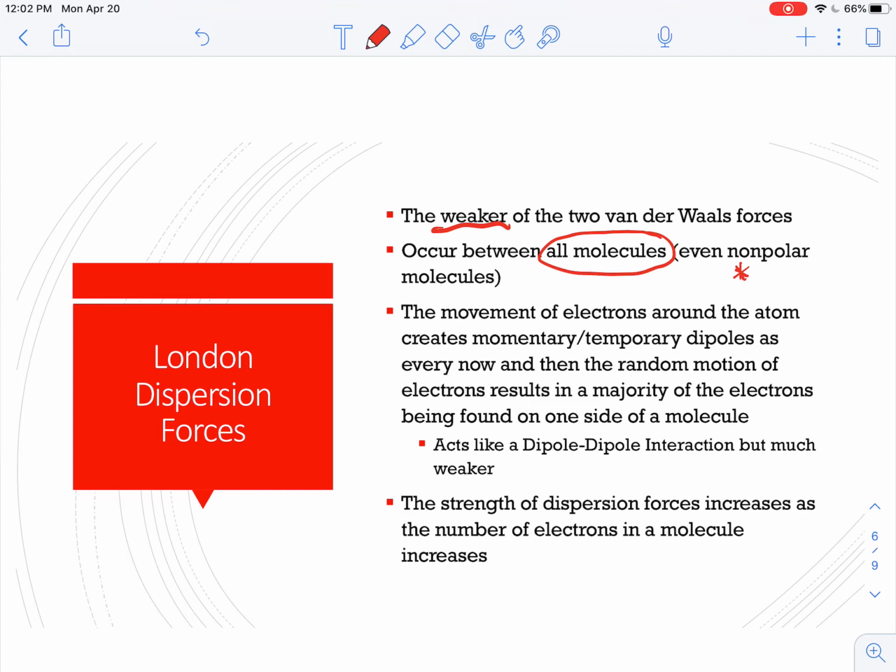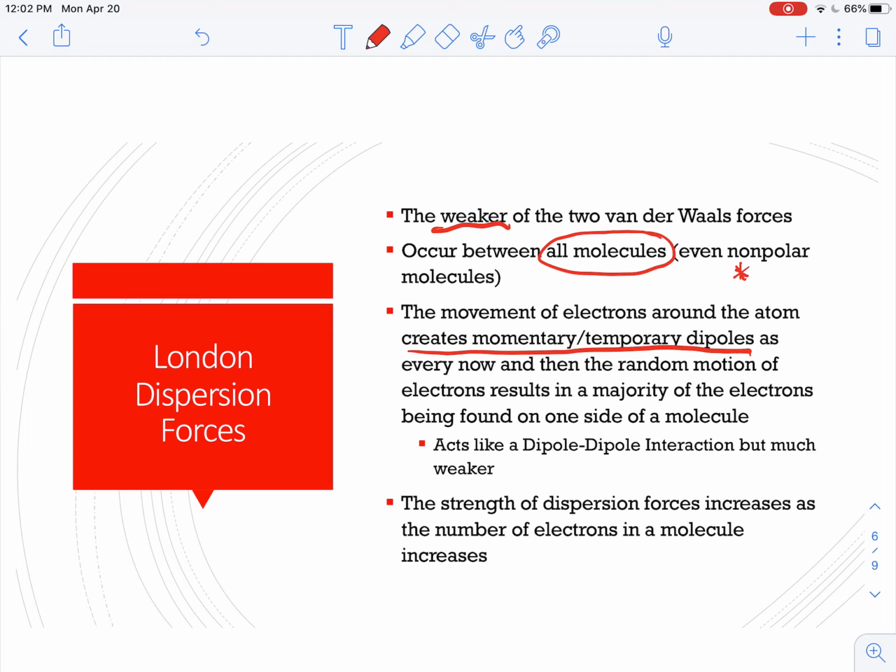So what we actually have is a very similar process in the fact that we're going to have this force of attraction between a positive charged area and a negative charged area. But when we think back to the movement of electrons in atoms, this movement of electrons is going to create what we're going to call a momentary or a temporary dipole.